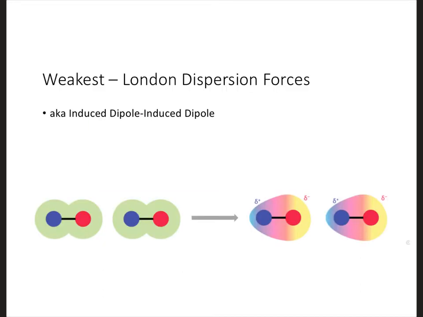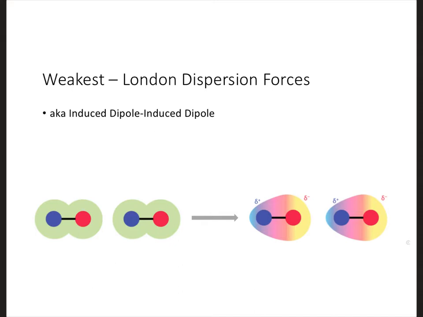So let's start at the weakest. London dispersion forces are also referred to as induced dipole interactions, and that's because neither one of them has a standing dipole. It just so happens that if they bump into each other at some frequency, that bumping into each other induces a dipole in one of them.